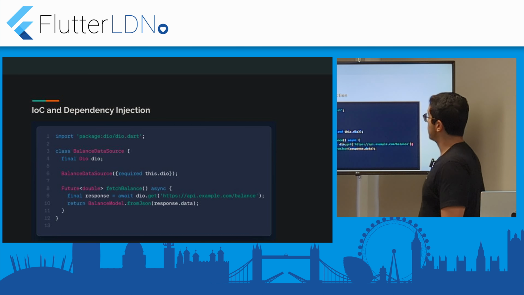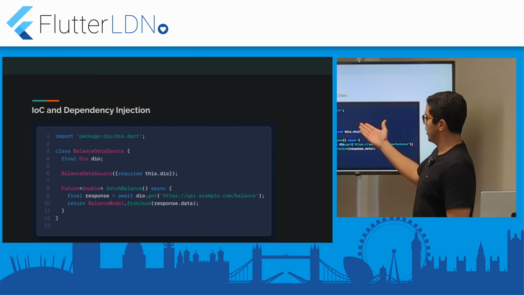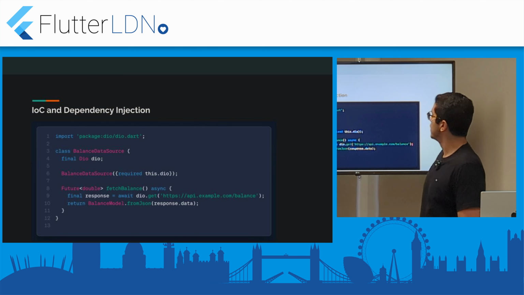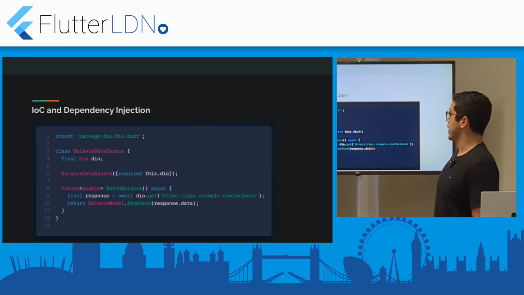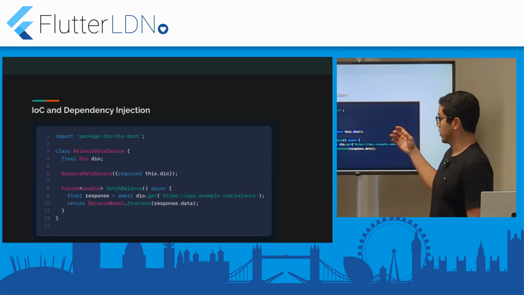In the second version, what we did is invert the control. Right now, the control of instantiating and creating the Dio instance is not on the BalanceDataSource anymore. It's outside it. The control of creating it and passing it to the BalanceDataSource is what we call dependency injection. So you can see dependency injection as a way of applying inversion of control.